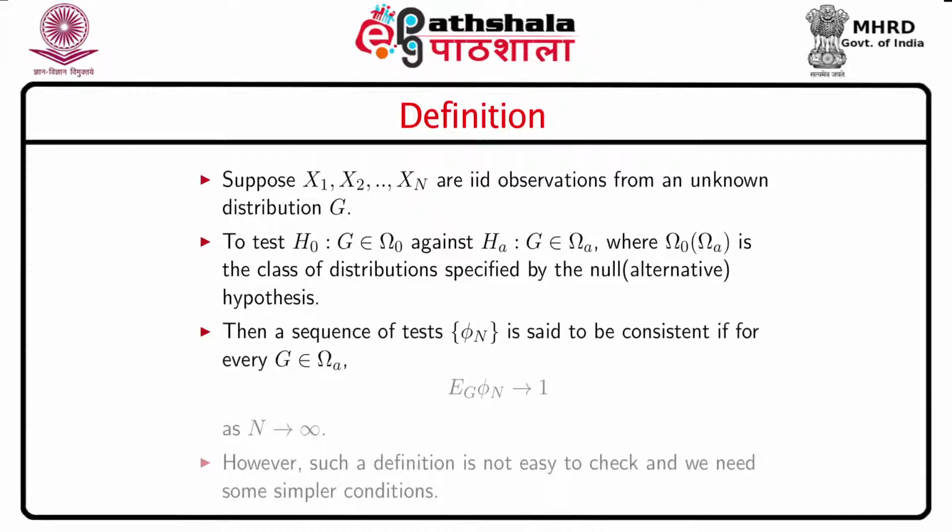Then a sequence of tests phi n is said to be consistent if for every G specified by the alternative hypothesis, the expected value of phi n tends to 1 as n tends to infinity. Here, the expected value of phi n under the alternative is nothing but the power function of phi. However, such a definition is not easy to check and we need some simpler conditions.